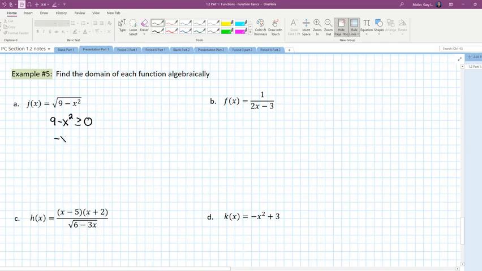I'm just going to do it. And then I need to get rid of that negative. And so to get rid of a negative, I need to multiply by a -1. And in doing so, since I'm dividing or multiplying by a negative across an inequality, I have to flip the inequality. So I get x squared is less than or equal to 3.